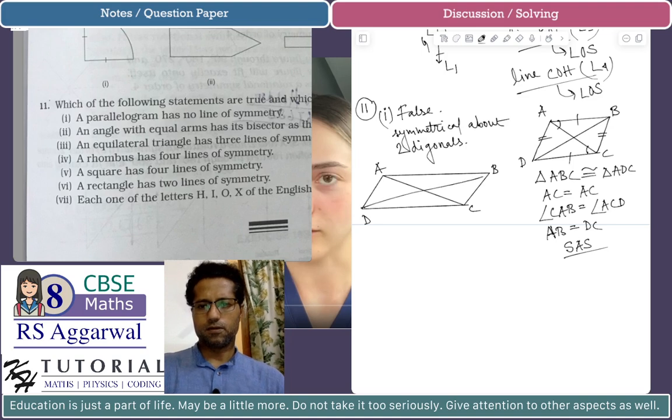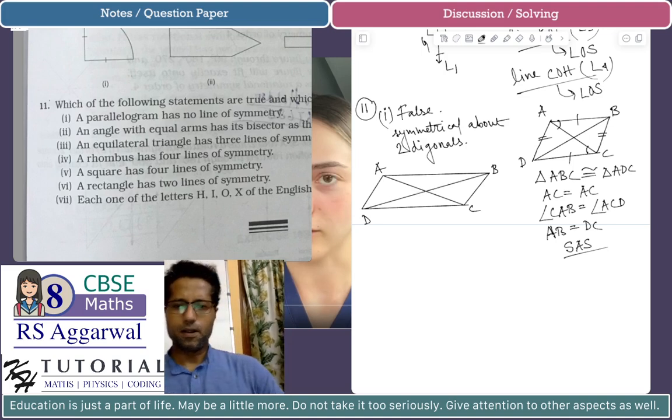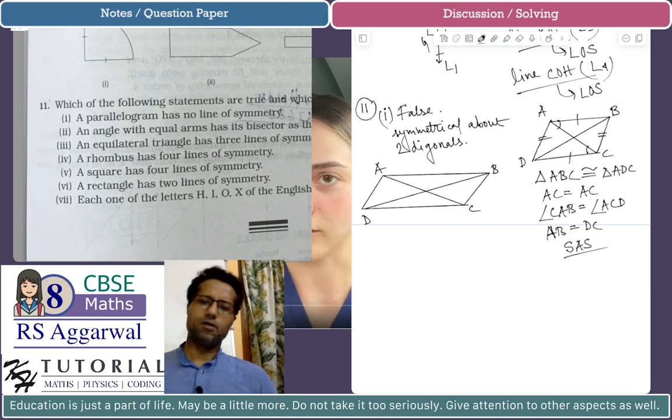Is the parallelogram symmetrical about AC?